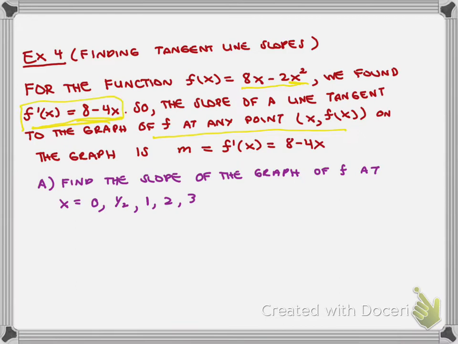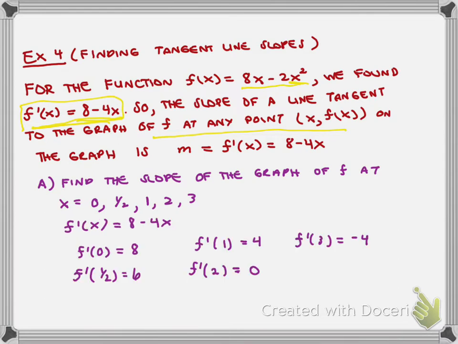So if I ask you in part A here to find the slope of the graph of f at x equals 0, 1/2, 1, 2, and 3, then all you need to do is plug those values in for our derivative function, which is 8 minus 4x. So go ahead and pause the video and do that.